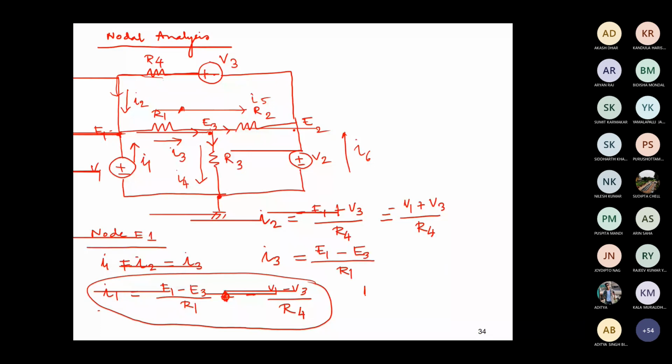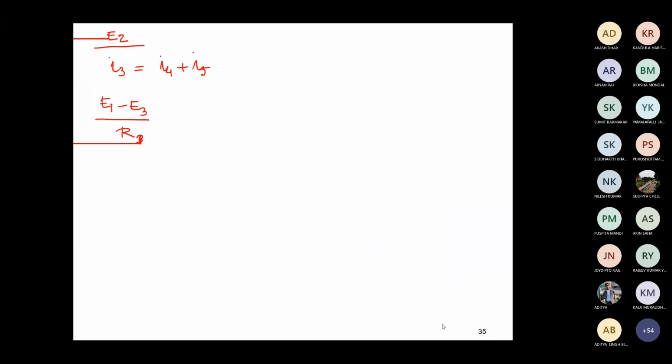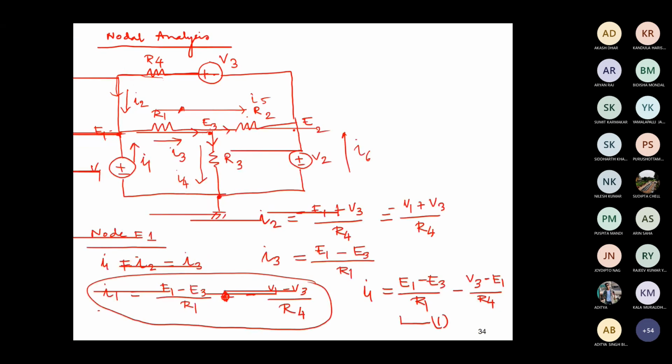First one, I'll revise. I1 is equal to E1 minus E3 divided by R1, and then minus V3 minus E1 divided by R4, right? This is our first node. Yes sir. Then the next node is from E1 to E3 divided by R3, if I'm not wrong.